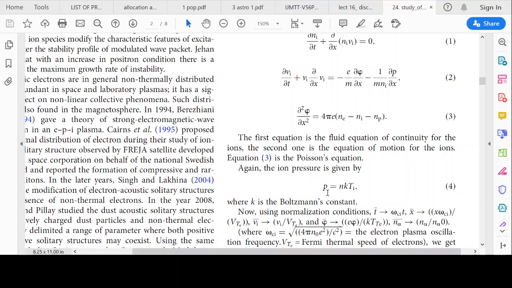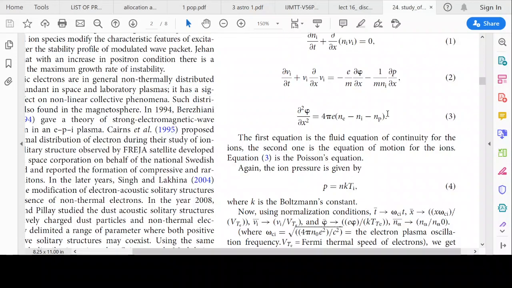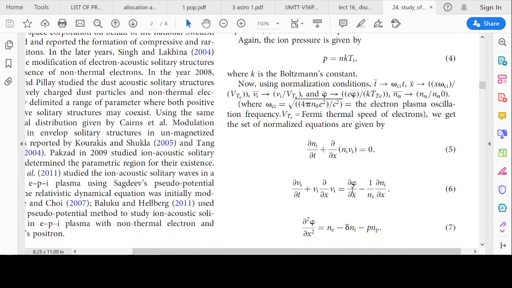You see here we have taken a classical pressure, because there is no quantum term, no Bohm term, no quantum diffraction term, so no need to bother about it. We can easily take the ions to be following classical pressure. If any of you are interested in eliminating the Bohm term, if you are not comfortable with it, you may eliminate it and then take this pressure. It's up to you.